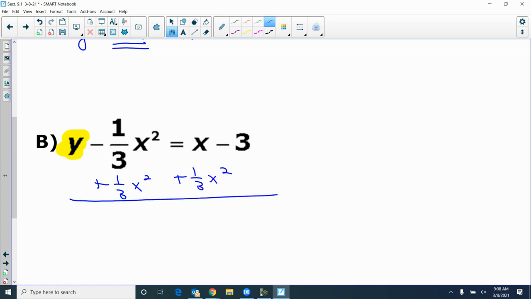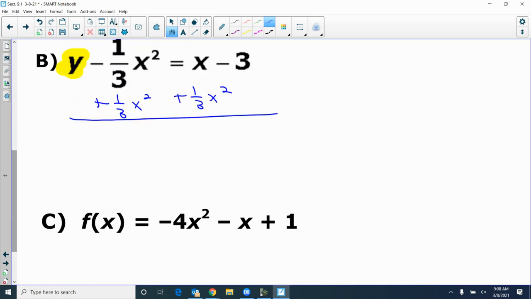Now remember, you can't combine terms that don't have the same exponent. So the only thing I can do here is write this as y equals 1/3 x squared plus x minus 3. And this opens upward. So just be careful with those two.